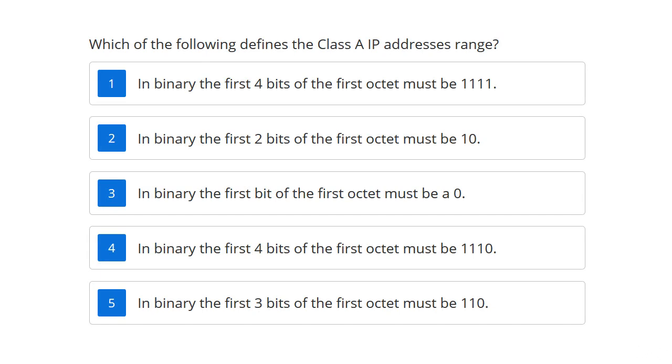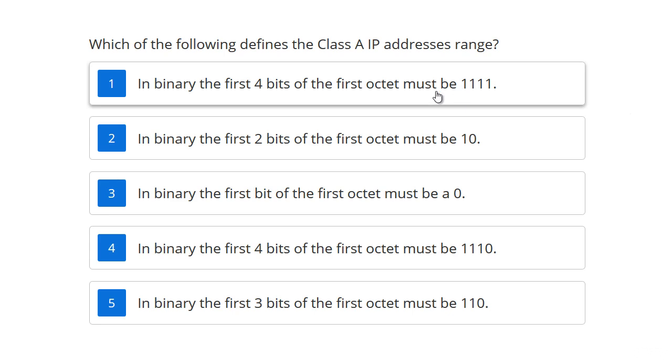Which of the following defines the class A IP addresses range? Now, what this question is asking you is, what is the configuration for the first octet in binary? What should the binary bits be at the beginning of the first octet?